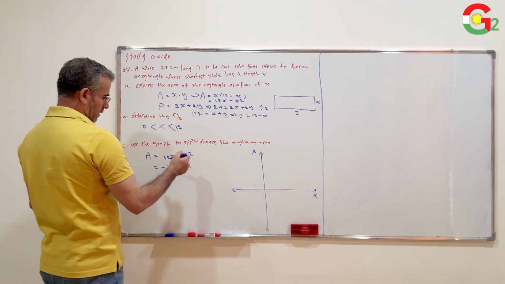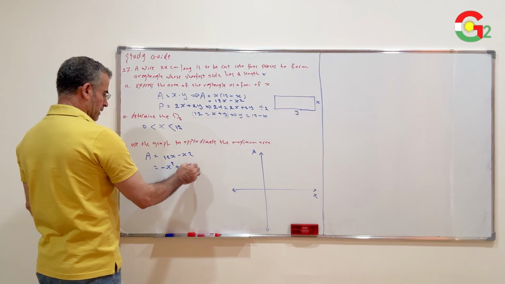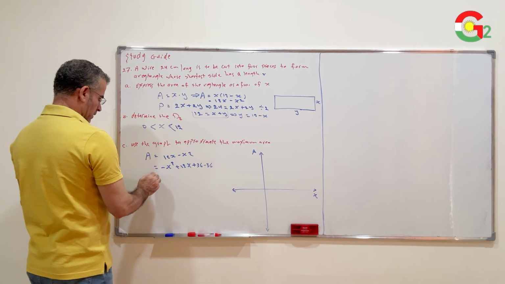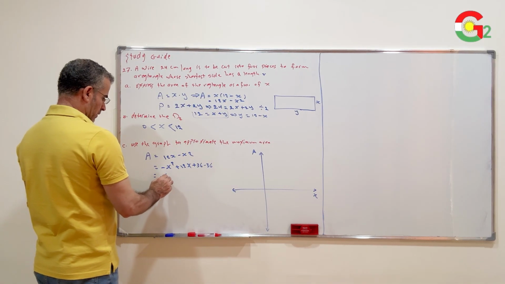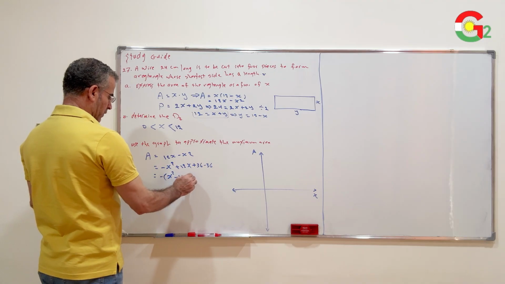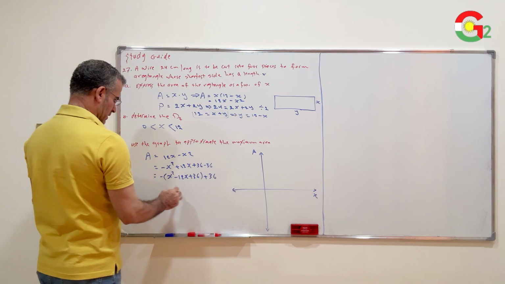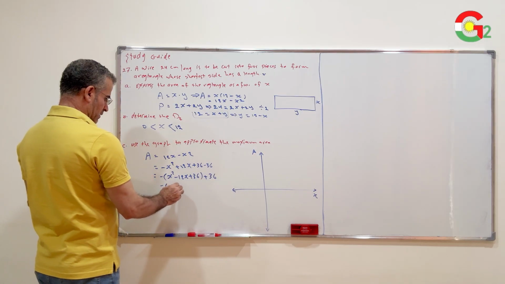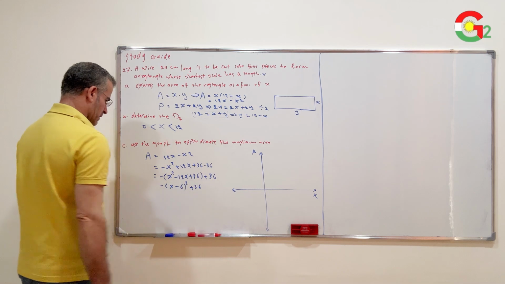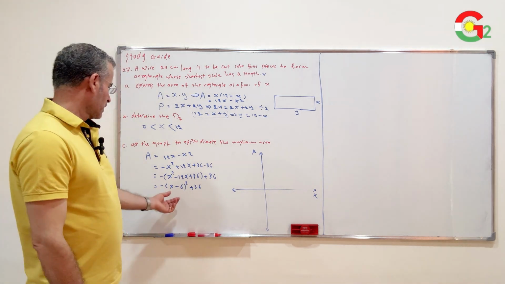I'll rewrite it as a complete square. Then I'll add and subtract 36, then factorize: negative (x squared minus 12x plus 36) plus 36, which is negative (x minus 6) squared plus 36.